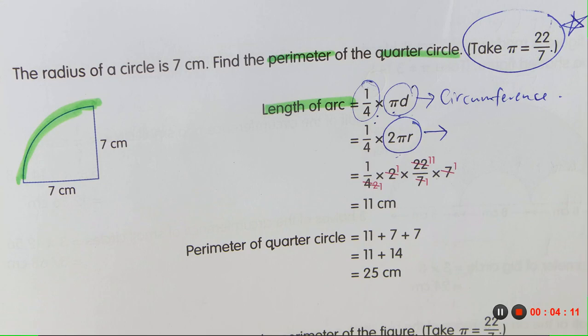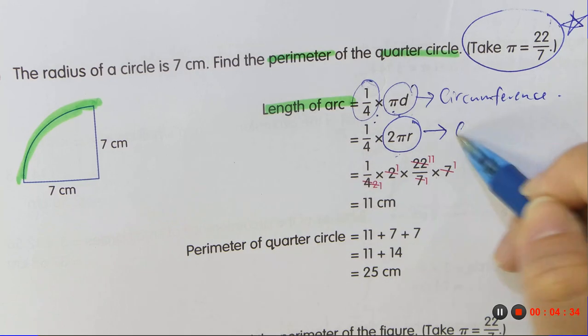What is 2 pi r? It's the formula also for the circumference of the circle.